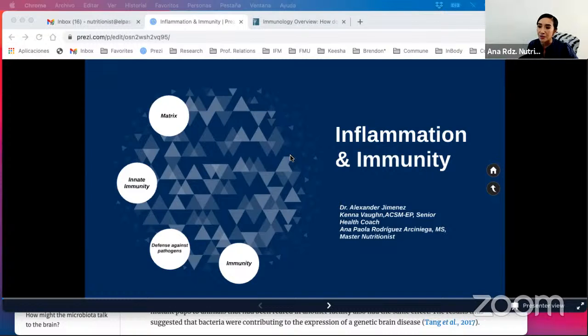So maybe right now we can make the connection: why is the food that I'm eating provoking or being the leading cause of this inflammatory response or this immunity response that I'm having? But you will see after this quick explanation of what is going on.